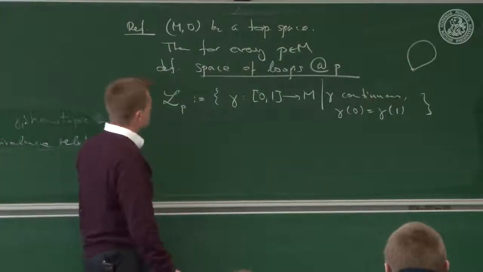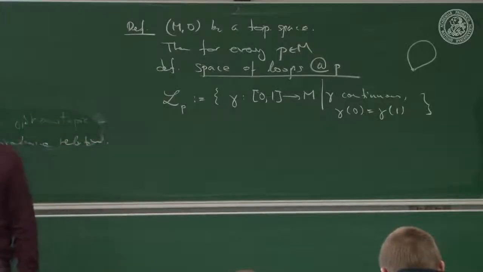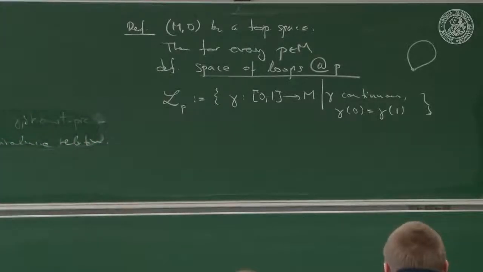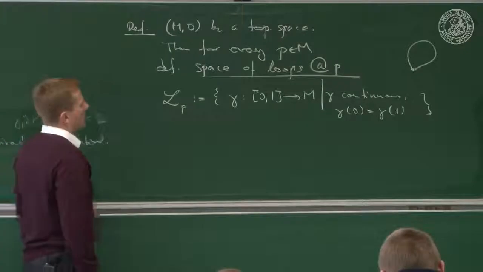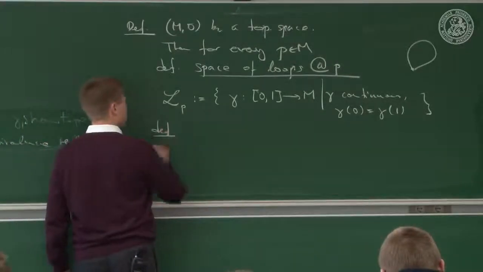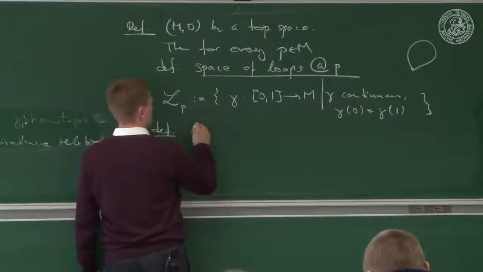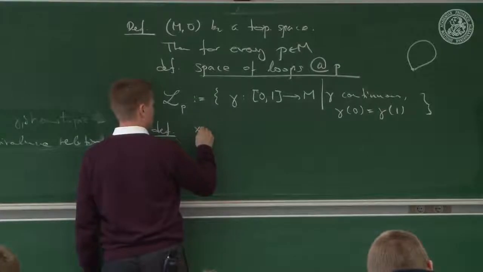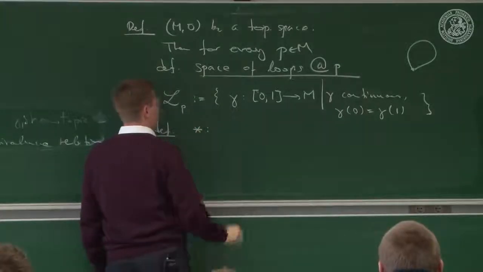Now, on this space of loops, we can actually define a concatenation. How do we call this? Star. What does star do?